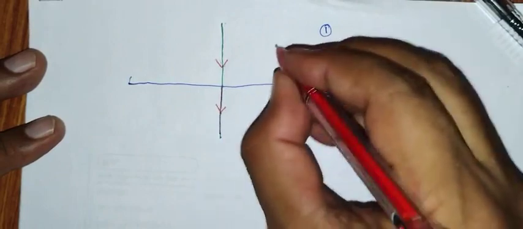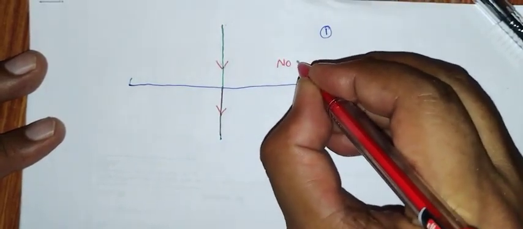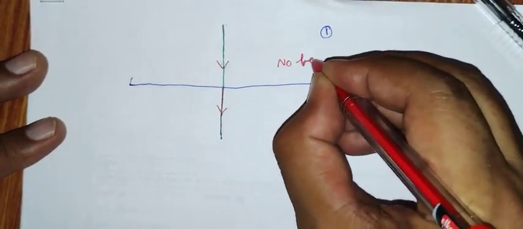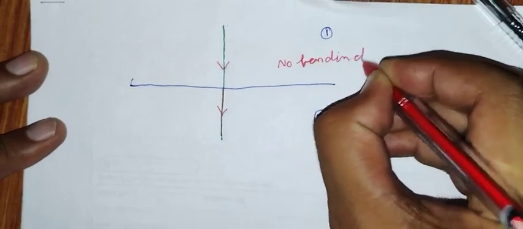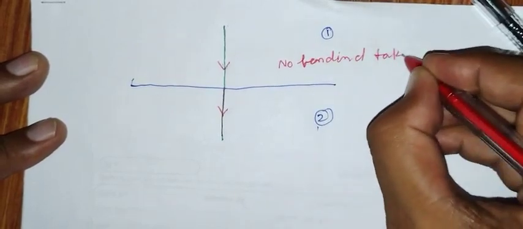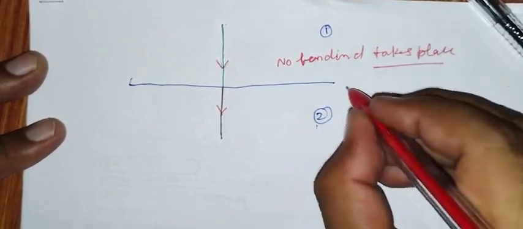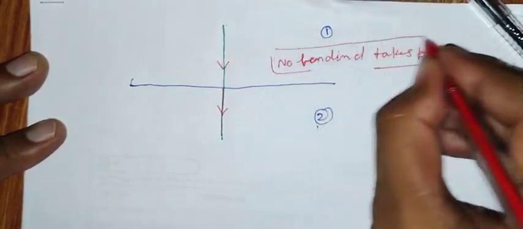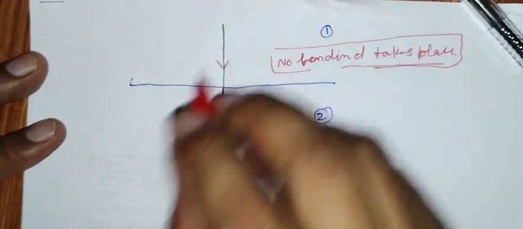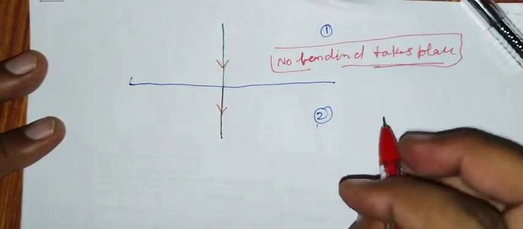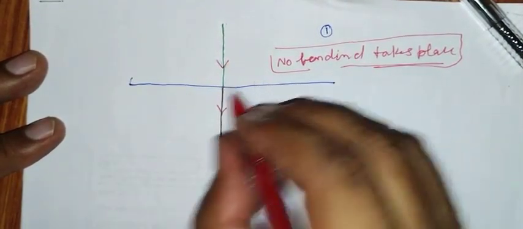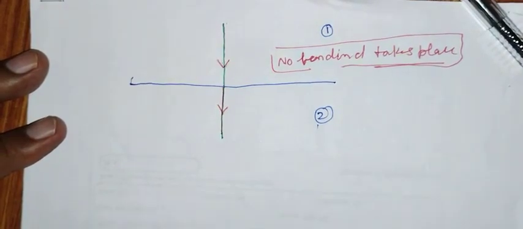In that condition, no bending takes place. This is the special condition. It takes place when a ray of light falls normally on another medium.